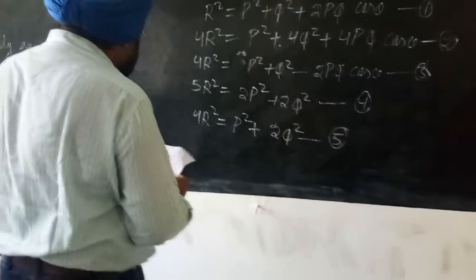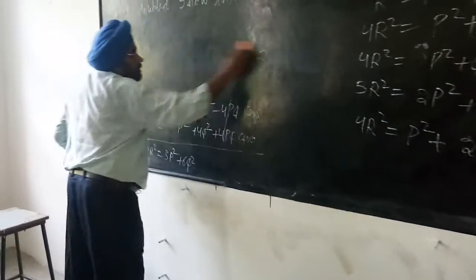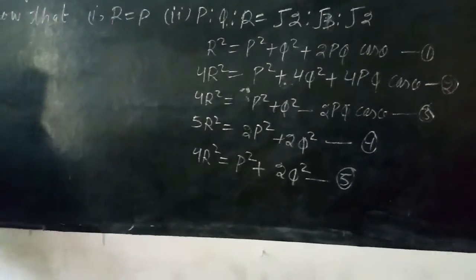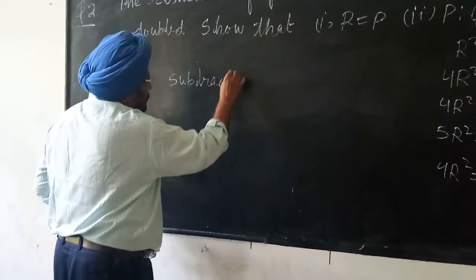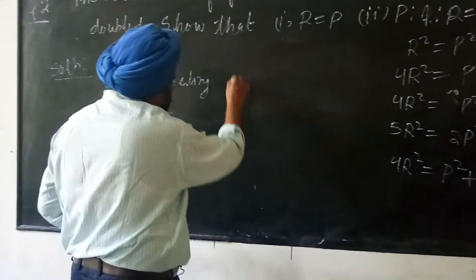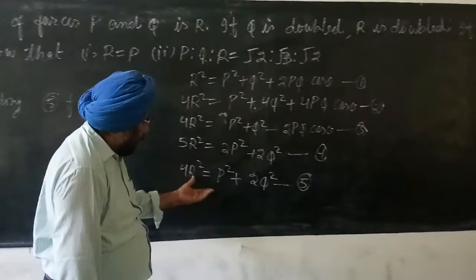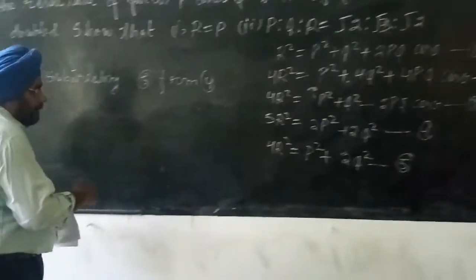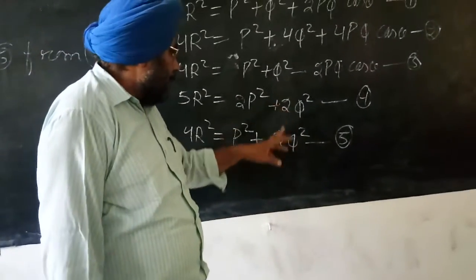Then subtracting equation number 5 from equation number 4, we get R square equal to P square, since 2Q square minus 2Q square cancels.